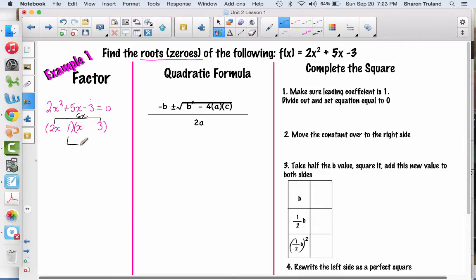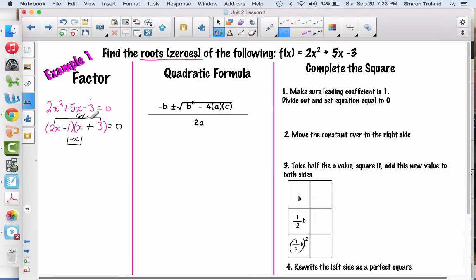My tunnel here is x. Can a 6x and an x ever get me a positive 5? Yes, when this x carries the negative sign. So that is going to be the negative, and then this is going to be positive. -1, positive 3 does indeed get me -3. And don't forget that it's set equal to 0.